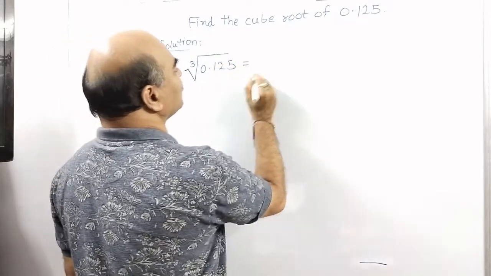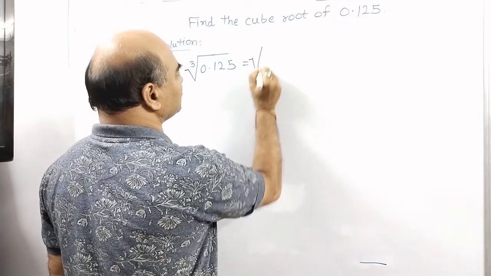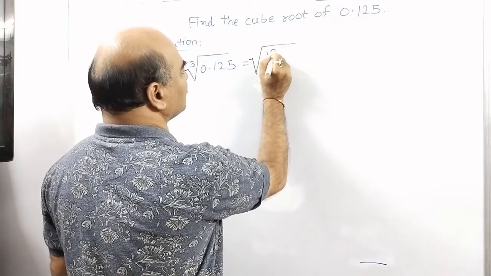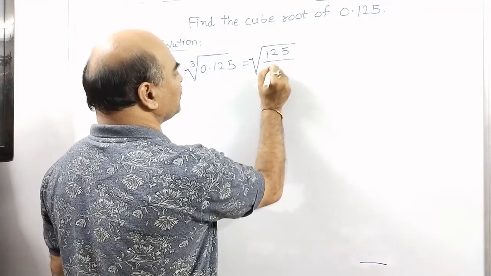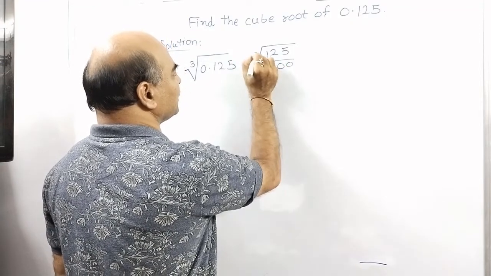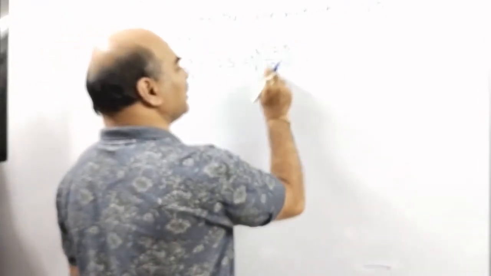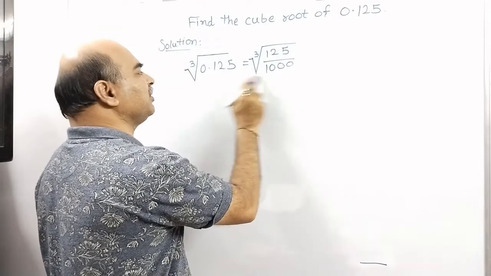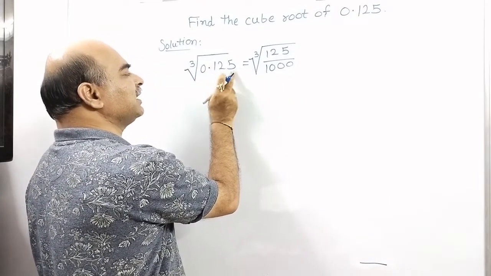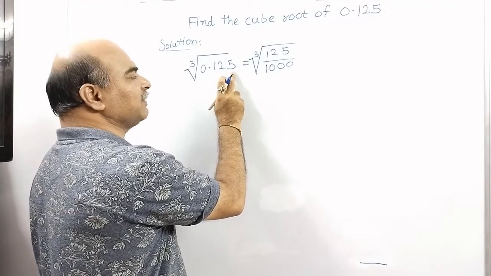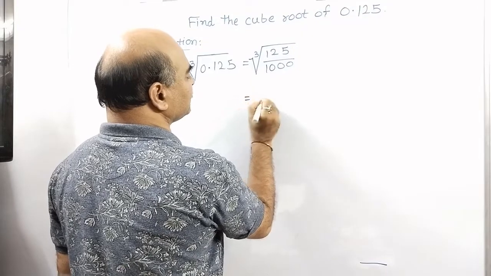Now as we know that 0.125 is a decimal fraction, we can convert it into a fraction in the form of p upon q. So here we have written 125 upon 1000. How does it come to 1000? Because there are 3 decimal places: tenth, hundredth and thousandth place. Up to the thousandth place decimal places are given.